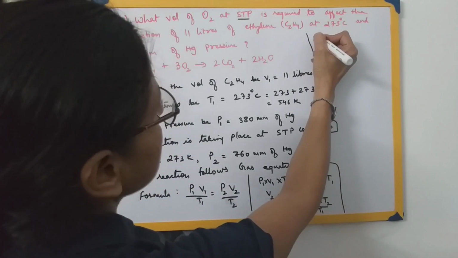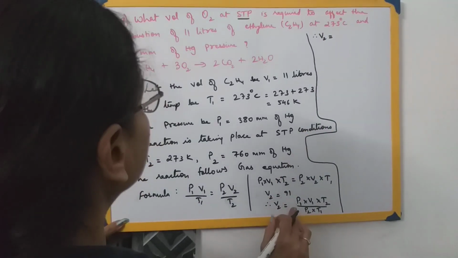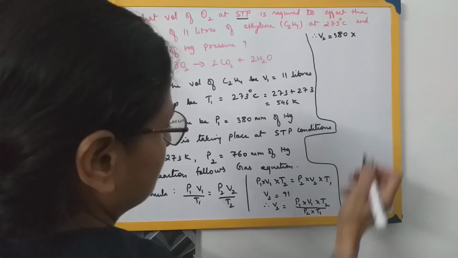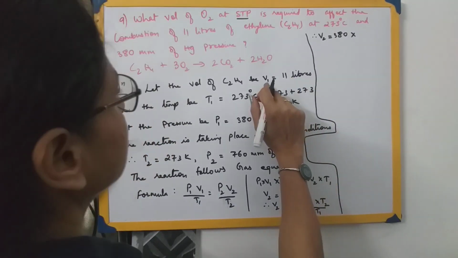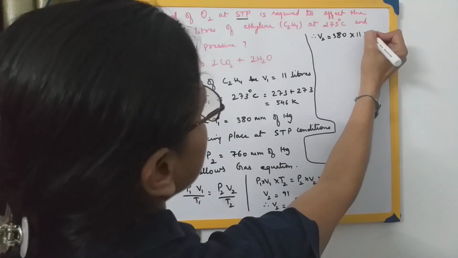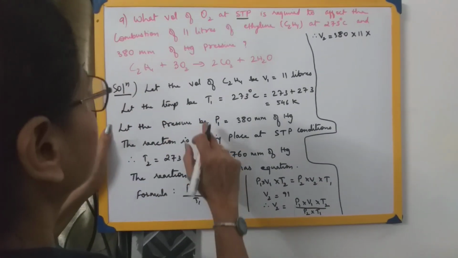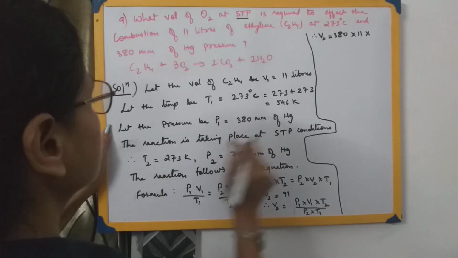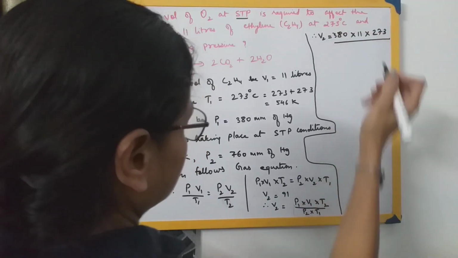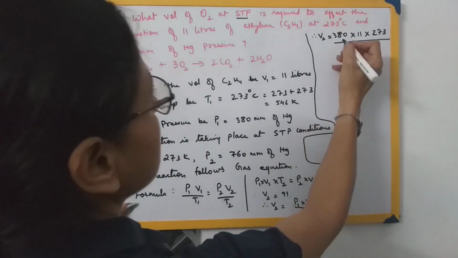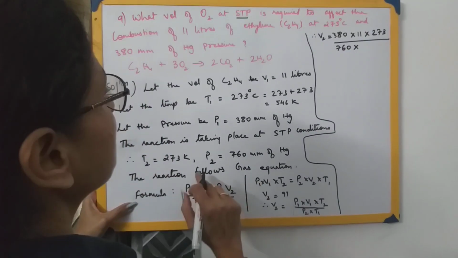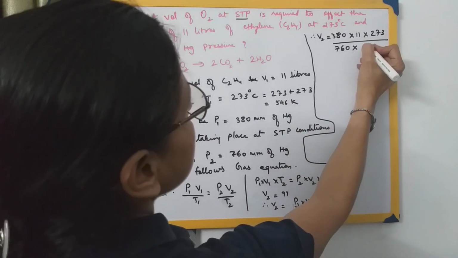So V2 is equals to P1 is 380 into V1 is 11 liters into T2 is 273 upon P2 is 760 into T1, T1 is 546.